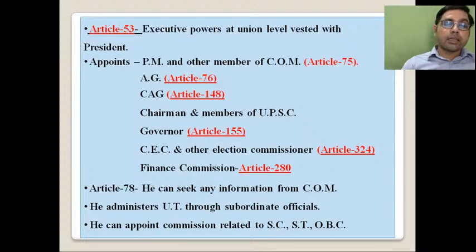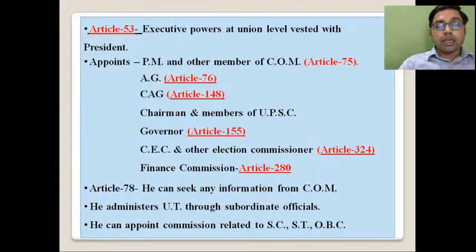It is the President who administers the union territories through officers subordinate to him. In certain union territories where legislative assemblies are there, you may find a Lieutenant Governor. In certain union territories where legislative assemblies are not there, you may find an administrator, and with the help of these officials, the President administers these union territories.